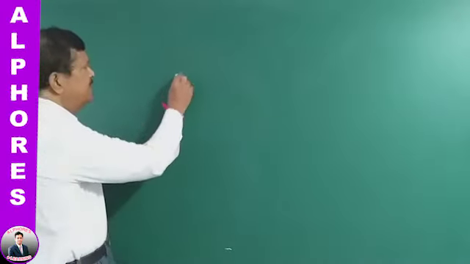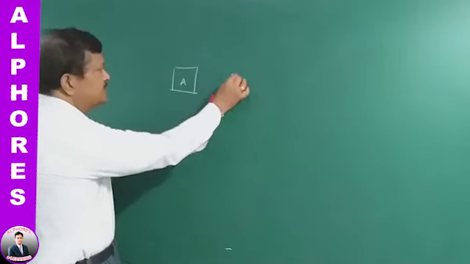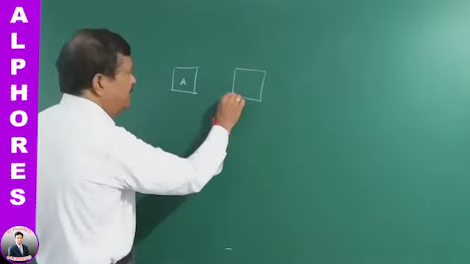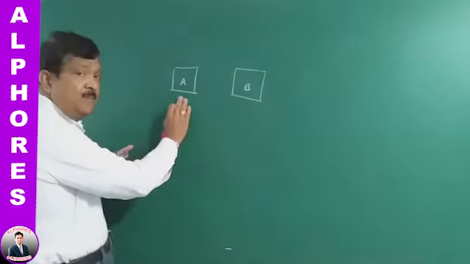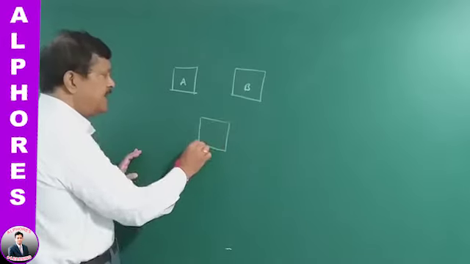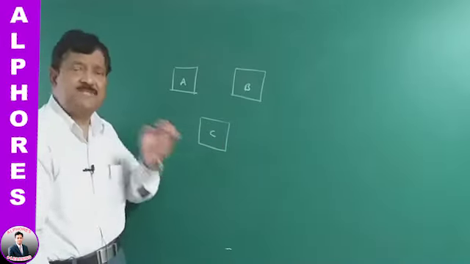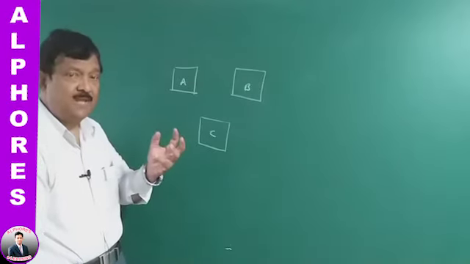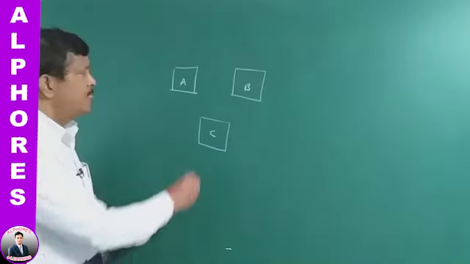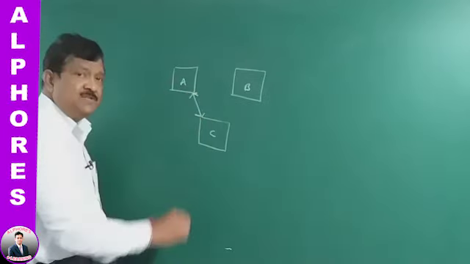Suppose there is a body A, and let us consider another body B, and suppose another body C. You can say that there are three systems or three bodies, and now let us suppose A and C are in thermal equilibrium with each other.